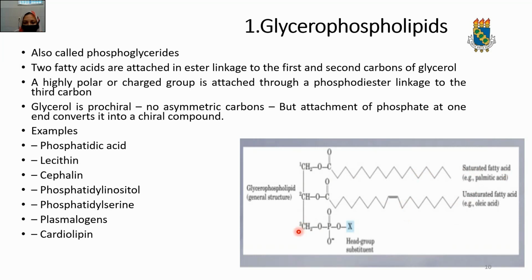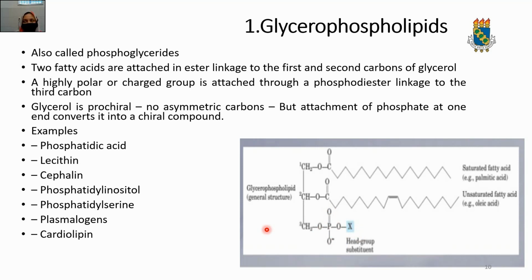But on the third carbon there is usually the attachment of a highly polar or charged group through a phosphodiester linkage, a phosphodiester bond, and one of them is the phosphate group, and to this phosphate group some other group can be attached, the head group.